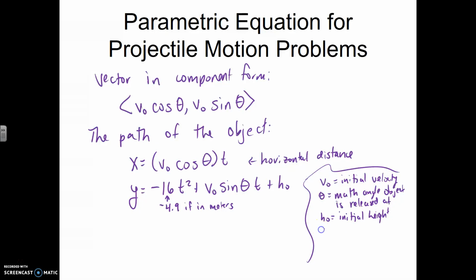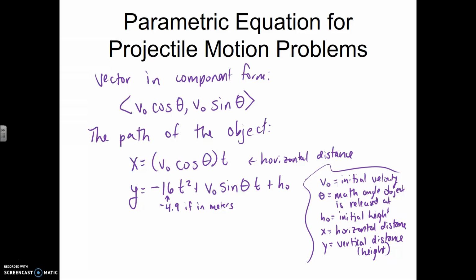We already said that the x equation is the horizontal distance. And then y is the vertical distance, which means you're finding the height.